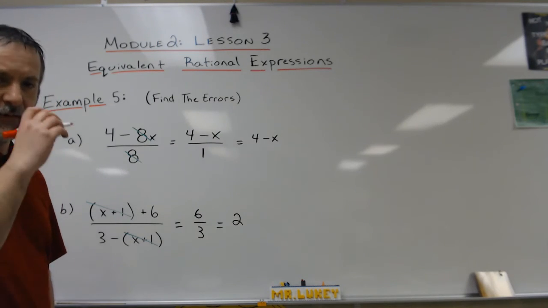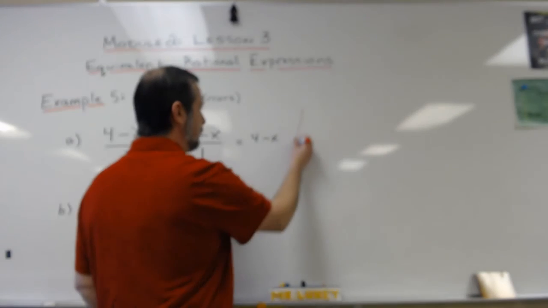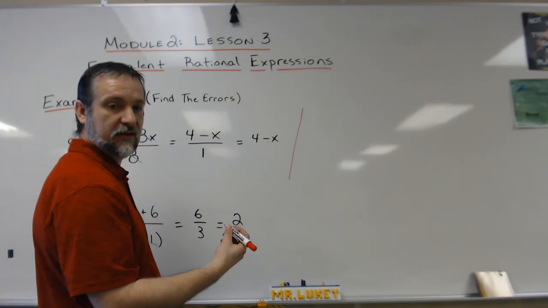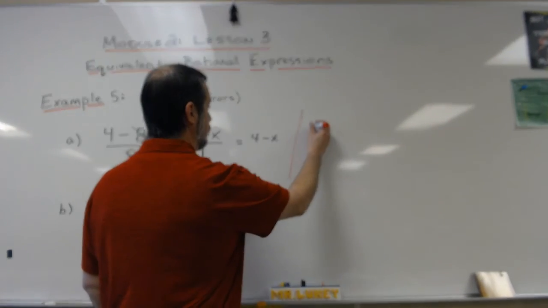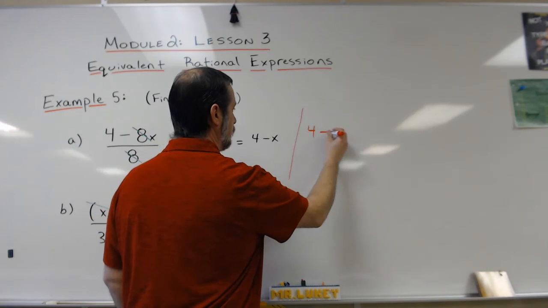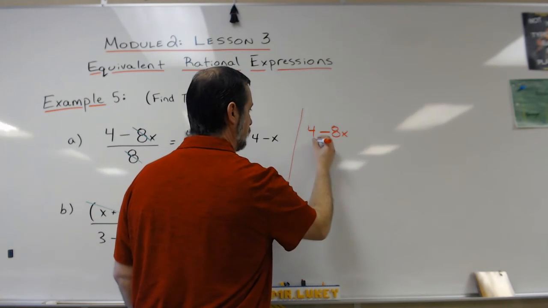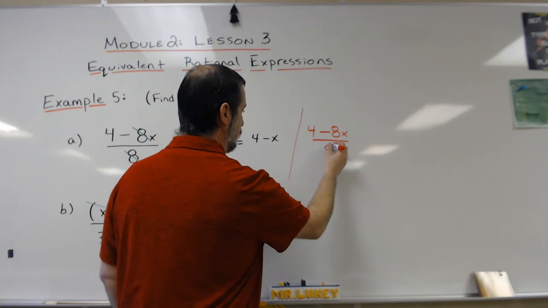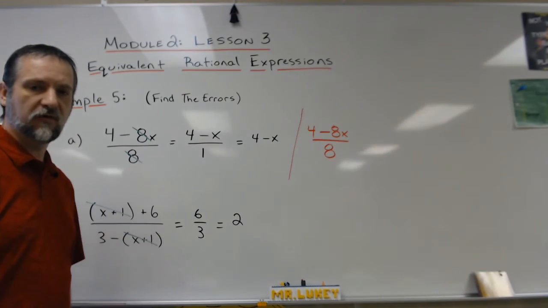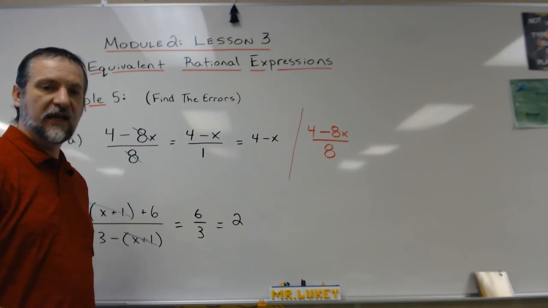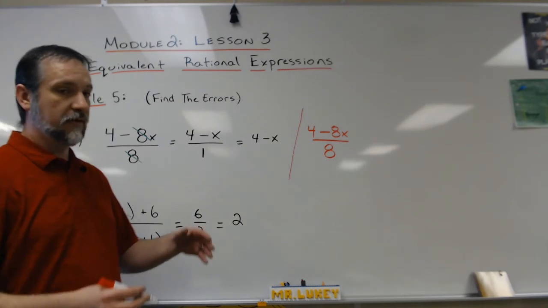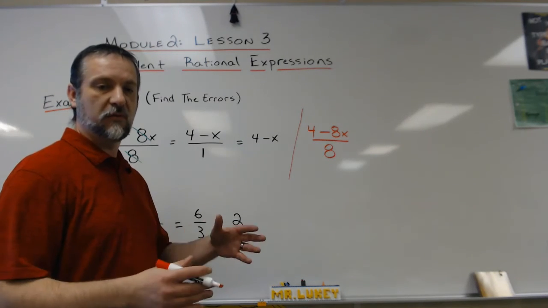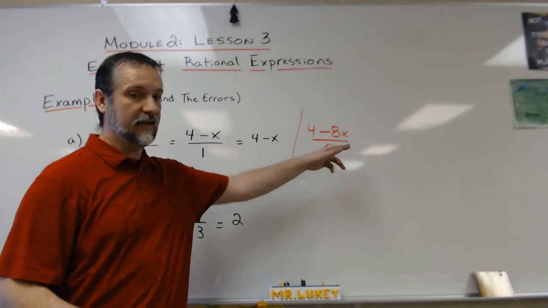I'm going to just rewrite. As I said, the way I do this is to start from scratch. So when I start with 4 minus 8x over 8, I have to realize that there are a number of terms in here. I have 4, I have an 8x, and I have an 8.